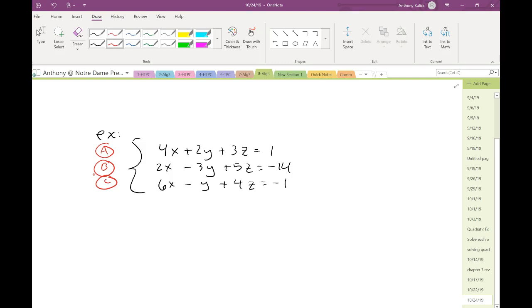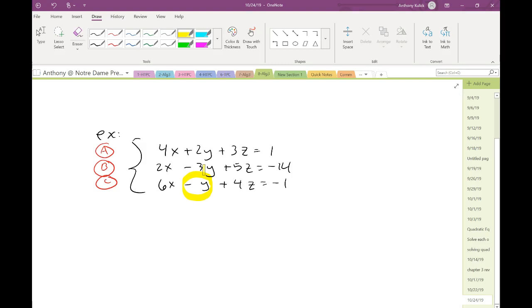The best case scenario for me is if I have a variable whose leading coefficient is 1 or -1, that would be the ideal situation. If I look, I have a situation like that with the y's. So my first choice would be to eliminate the y's.